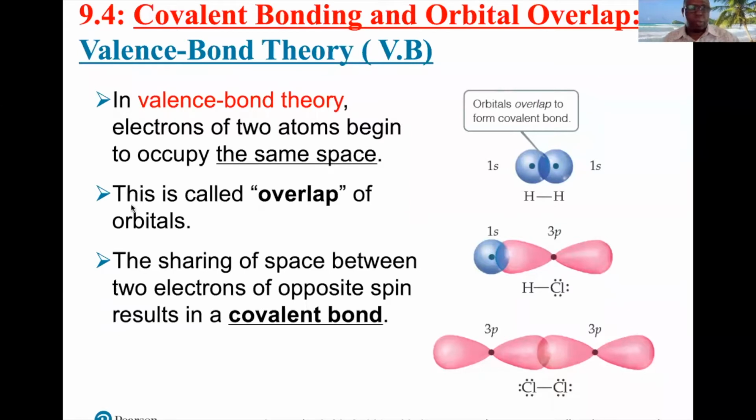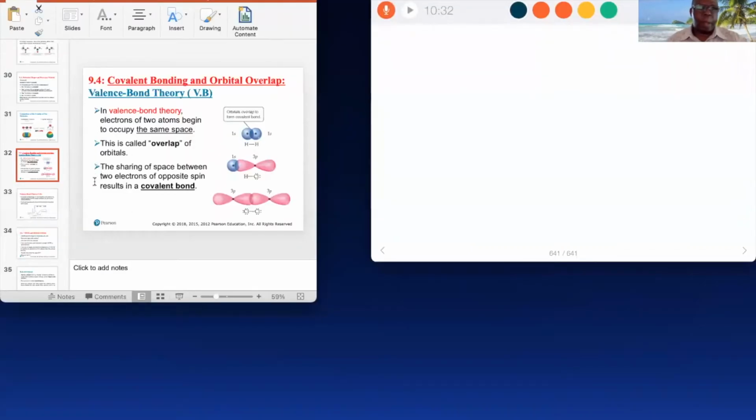So if you are given a molecule and you are asked to predict a molecular geometry, start off with drawing the Lewis structure, following the guideline we looked at last time in terms of the steps in drawing the Lewis structure.